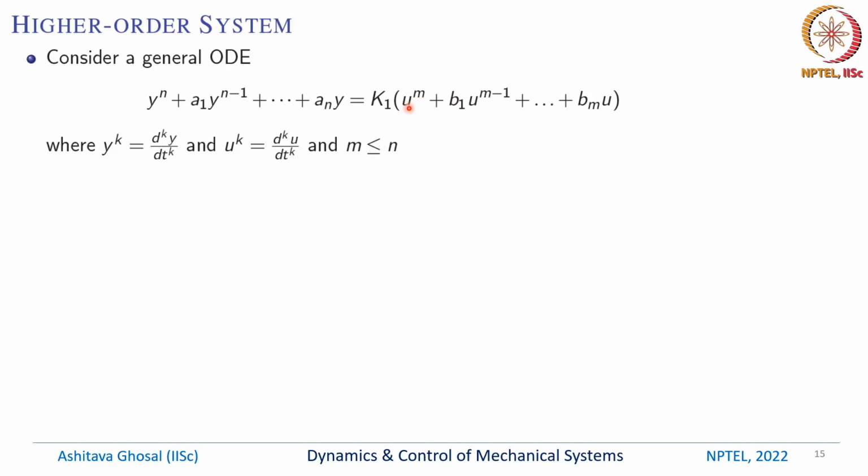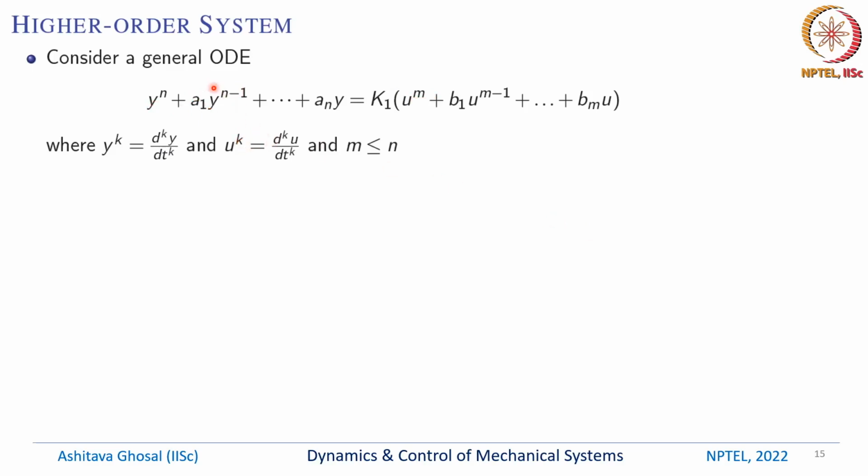Again, u is the input and m means the mth derivative. One important thing which we will see later: this m must be less than or equal to n, and we will see later why this must be true.